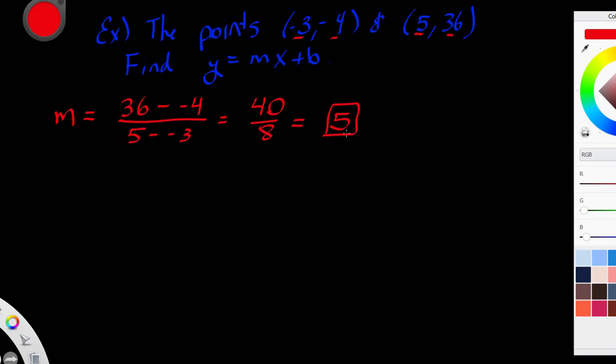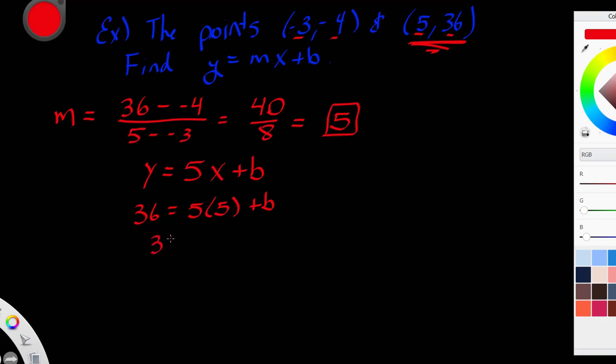Now what we're going to do is use this to find b. So far, we know y equals 5x plus b. Now, just like last time, you can choose any point to plug in for your x and your y to find b. So let's go ahead and plug this point in. So we're going to have 36 for y equals 5 times 5, which is our x, plus b.